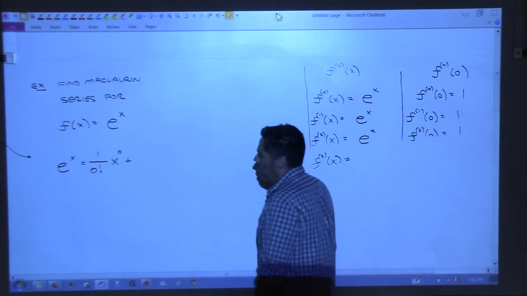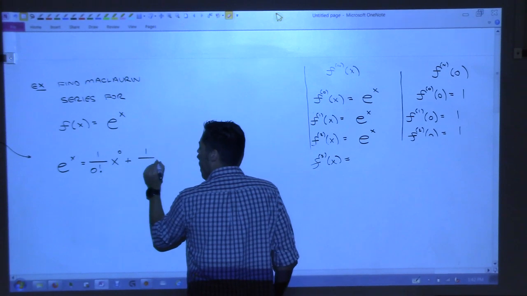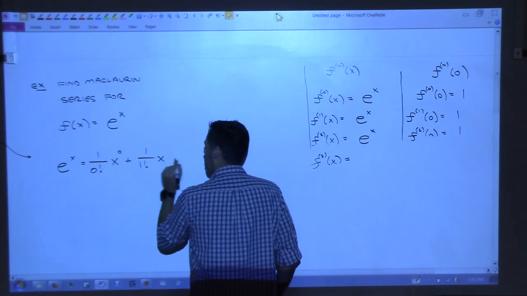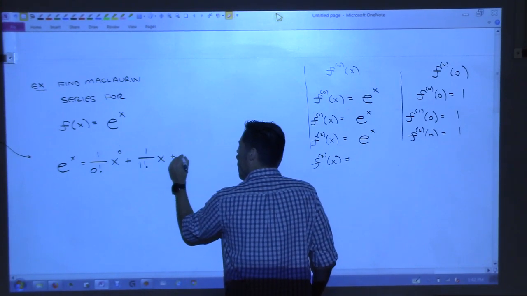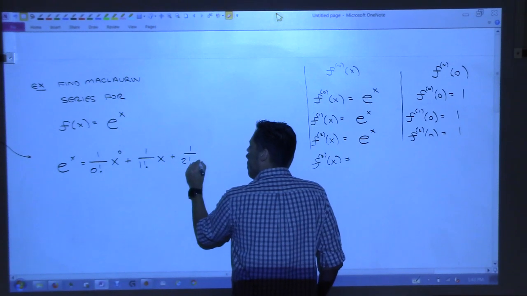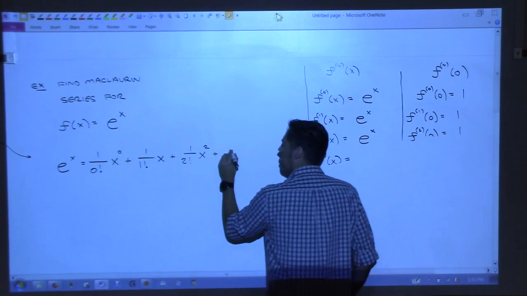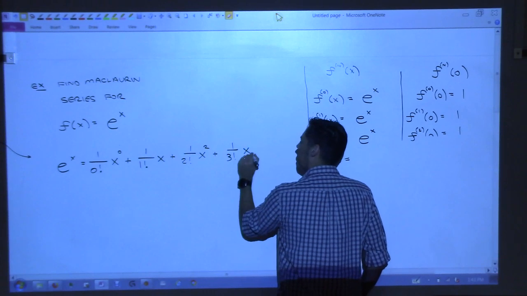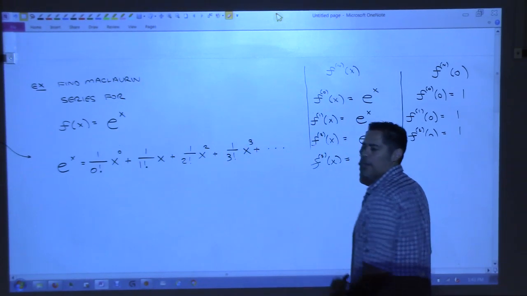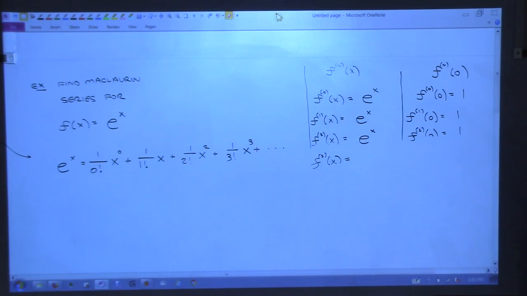So when we plug in 1, 1 over 1 factorial x. Next one, 1 over 2 factorial x squared. Next one. And it keeps going, right? Nothing cancels, nothing alternates.